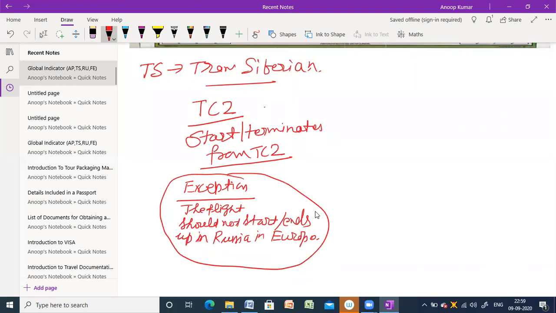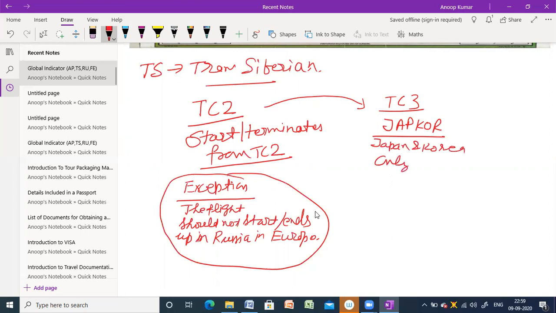Then from TC2, the flight must go to TC3. Here is also an exception. In TC3, the flight must land only in the JAPCOR area. JAPCOR means Japan and Korea. The only permitted area in TC3 is JAPCOR.